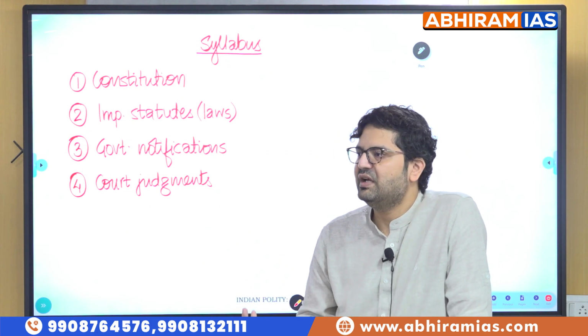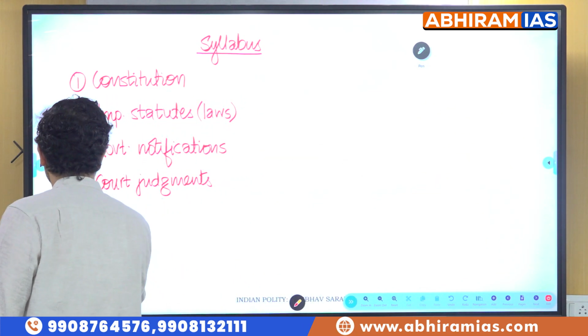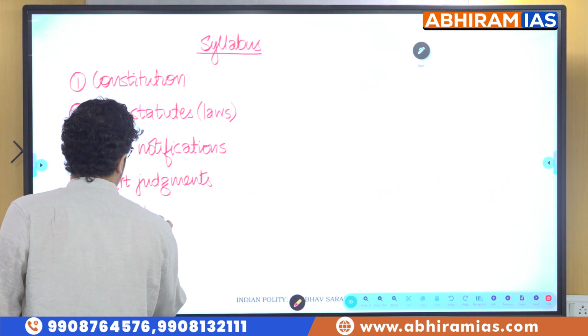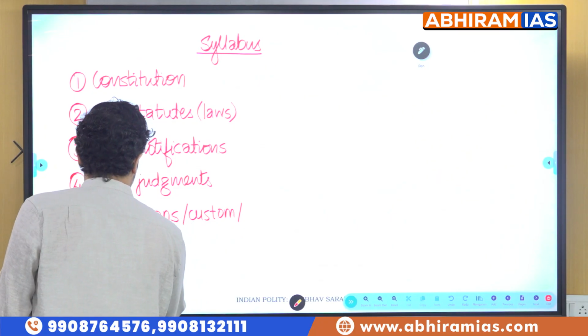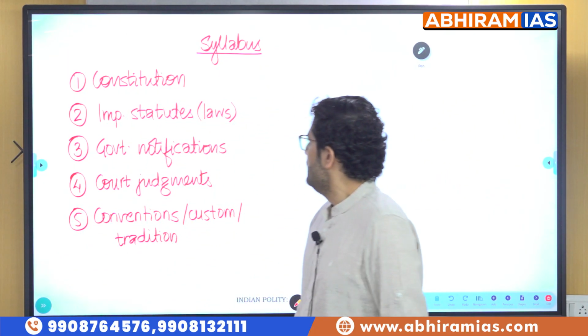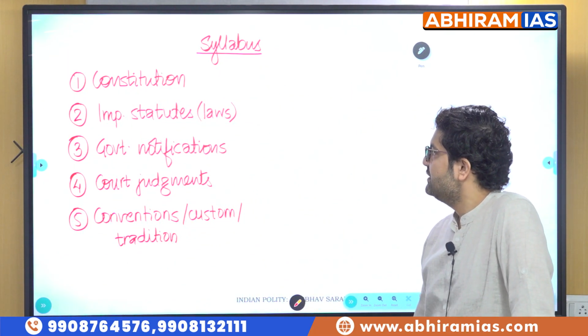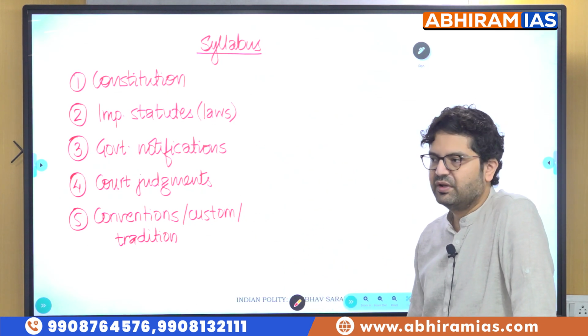No. That's called conventions. So we should know the famous political conventions also. Conventions or customs, or you can call it tradition. Okay, that's it. Your entire syllabus can be summarized into just these 5 topics.